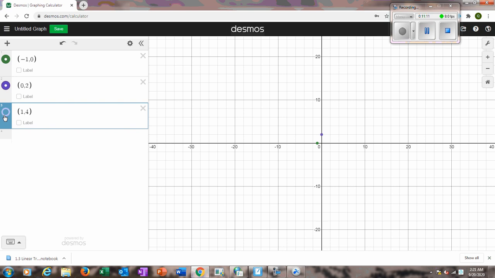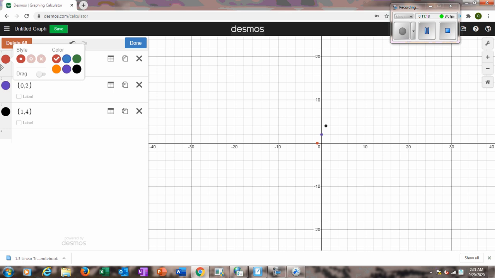And I'm going to actually just take all these and go into settings here. I'm going to make them all the same color and make them all red.